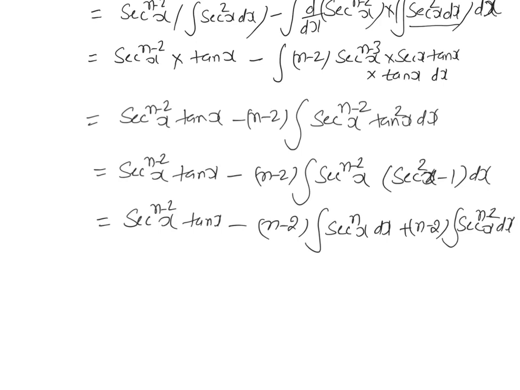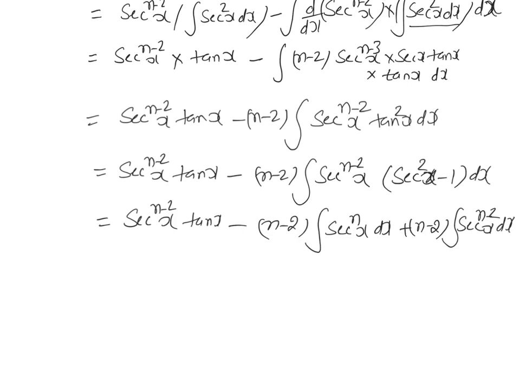Look over here what we have done: we have multiplied it inside. So this will be secant x raised to the power n. When this is multiplied by this one, minus will change to plus, so here is a plus sign, and n minus 2 as such, with secant^(n-2) here.